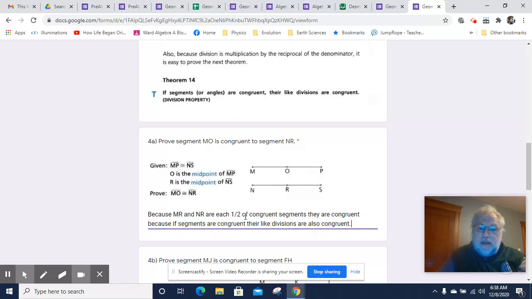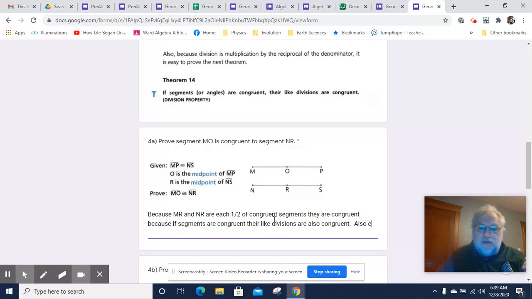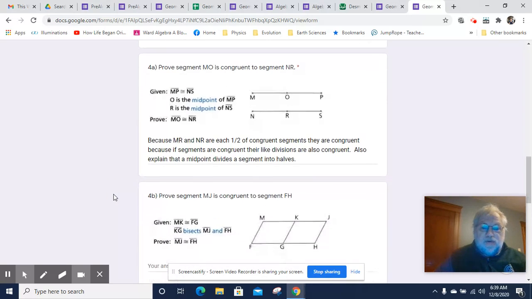Okay, and that would be how you would go about proving it. There'd have to be a little bit of stuff about how the definition of midpoint is something that's dividing something in half. So also explain that a midpoint divides a segment into halves. Okay, so that's where we get the divide by 2 or times 1/2.